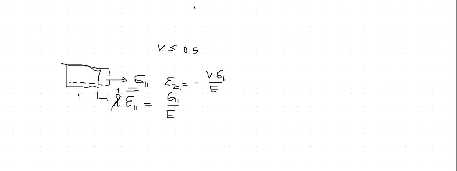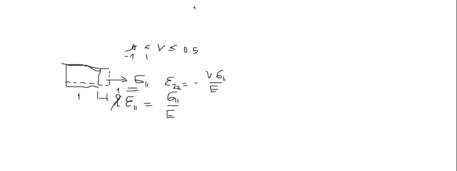For normal materials, it should be larger than 0. But then you have some kind of crazy materials that you can get at the nanoscale and so on, where nu could even be negative. But typically I'm focusing on the positive values. When you pull the specimen in one direction, it shrinks in the opposite direction. Typical values, for steel would be 0.33, or for concrete 0.16, and so on and so forth.